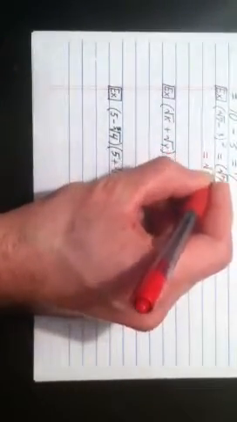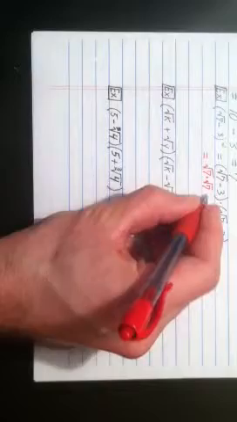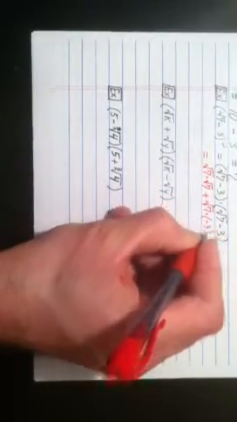Writing out the products here, we're going to have square root of 7 times the square root of 7. And we distribute. Then a square root of 7 times a negative 3. Then a negative 3 times the square root of 7.